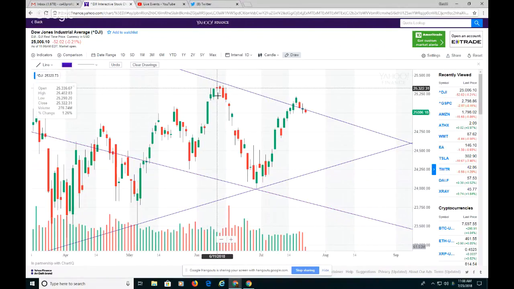So look, you draw an imaginary line down from the top of the head, and that's 25,400, where it would intersect the neckline, and that's somewhere above 24,000, right around 24,000.